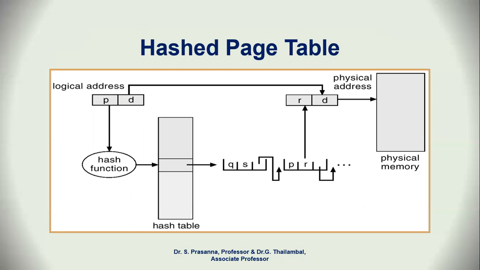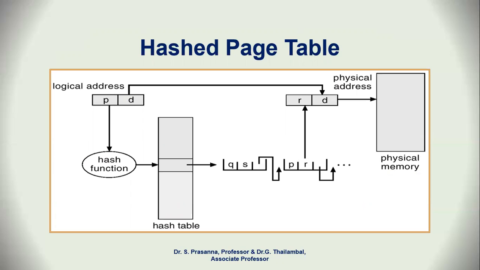Whatever hash function you have, the same function is applied when you are going to take out the data or access the page. The hash function is applied to the hash table.